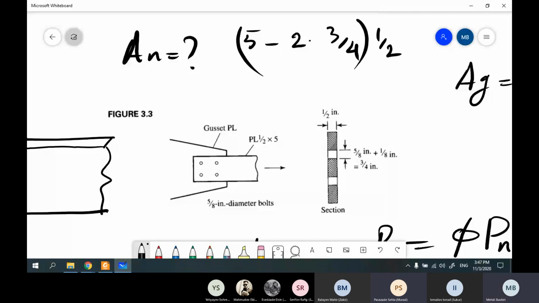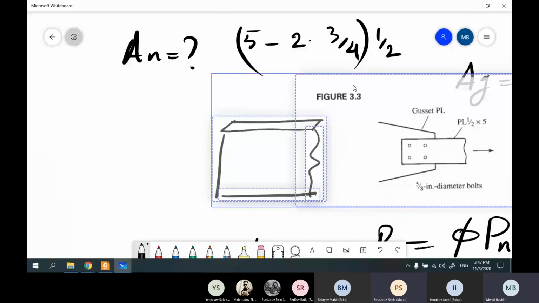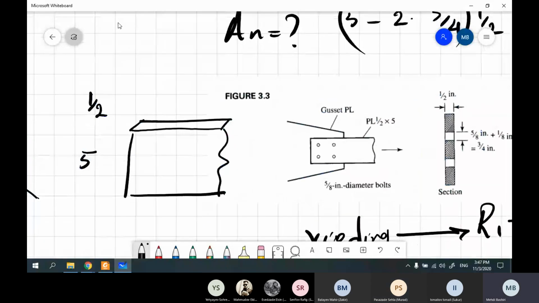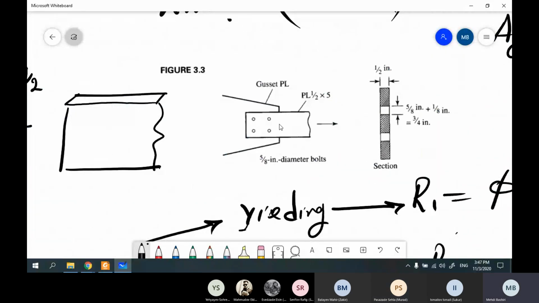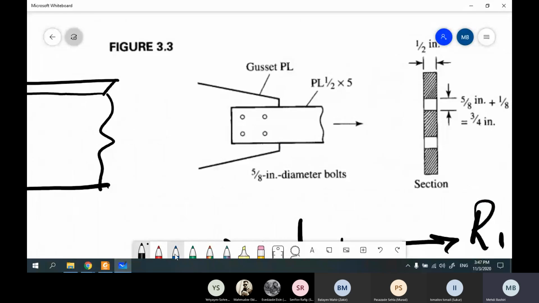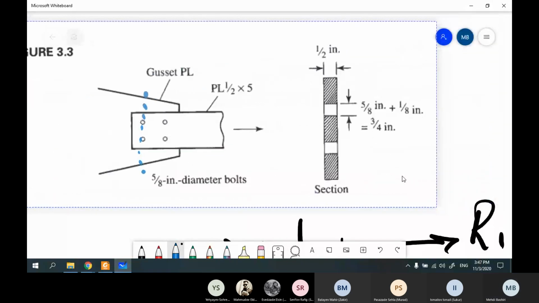Why is this An? Here we have 2 bolts. If I add a section cut here, you'll see something like this. The diameter is 5 over 8, but because of the cracks, we have to add 1 over 8 to the diameter, so the final diameter is 3 over 4.